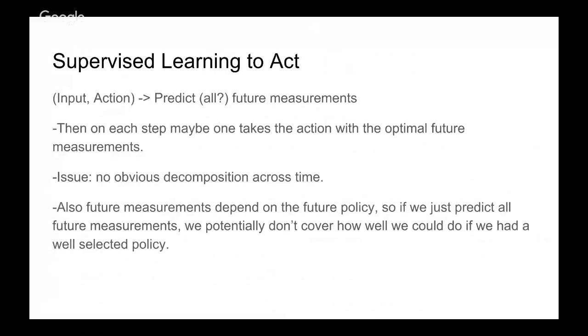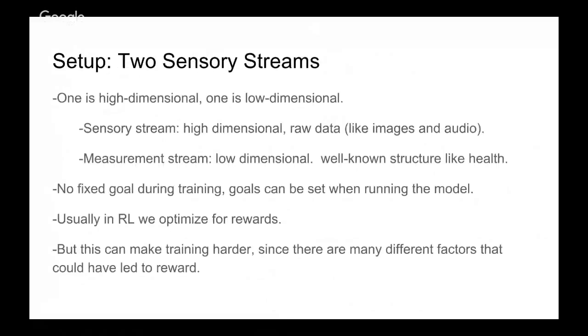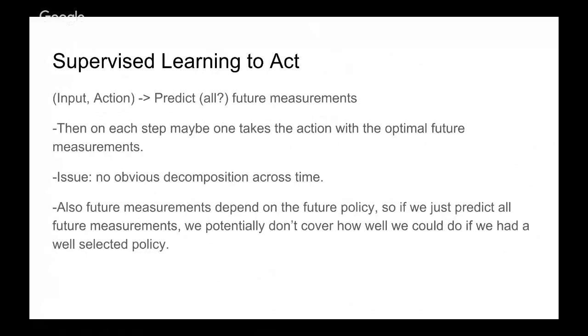Except when this method is only used for rewards, I guess there won't be much of a difference, or it might even perform worse than regular RL methods. Yeah, so the experiments go into that. They do an ablation study with that, and I think it can still help even when the measurement is just the reward. But I think a lot of the improvement in some cases comes from having the other measurements. Okay. Yeah.